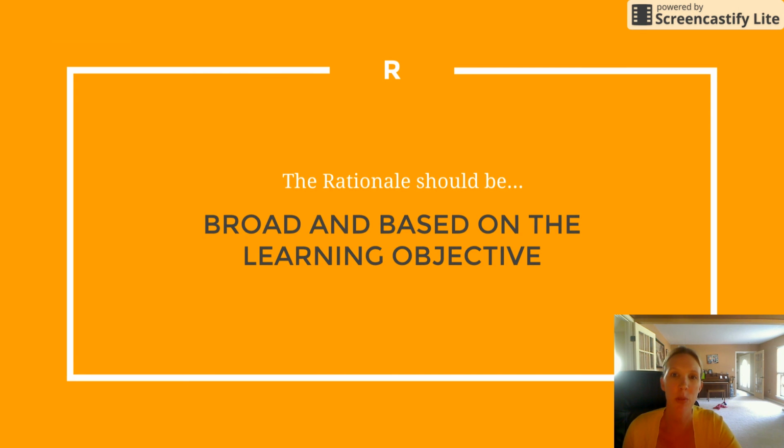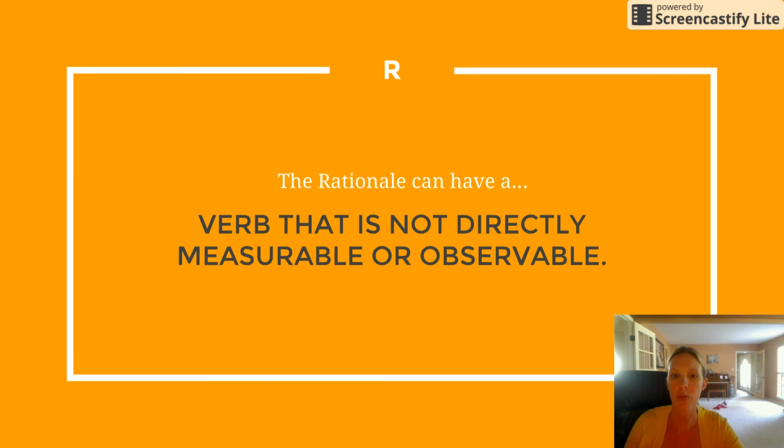Now moving on to rationale. Your rationale is going to look different than your learning objective because the rationale should be broader. It's still based on the learning objective, but you kind of think of it as more holistic: what's the purpose of this lesson versus the specific measurable outcome. In this case, the rationales can be quite broad, and they can use verbs that aren't directly measurable or observable.